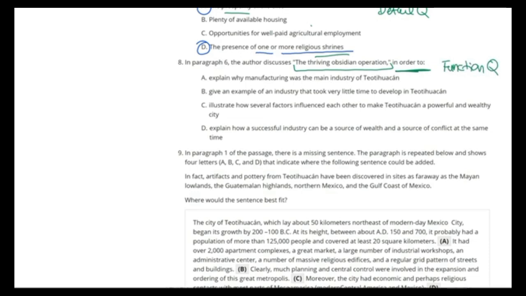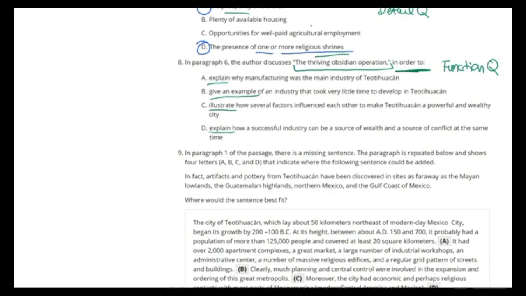Does the author discuss the thriving obsidian operation to explain something, to give an example of something, illustrate something, or explain something different? Let's have a closer look at the answers. A talks about why manufacturing was the main industry of Teotihuacan. B, give an example of an industry that took very little time to develop in this city.